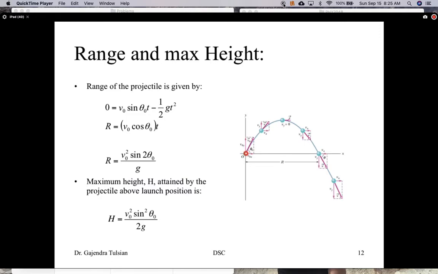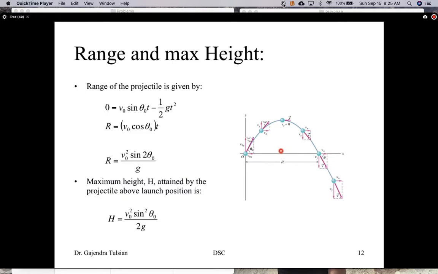If you're throwing it from the top of a building, the projectile would keep going, but the range would correspond to this distance when it has come back to the same vertical position. The range is given by the initial speed squared times sine 2 theta naught, where theta naught is the launch angle, divided by g.